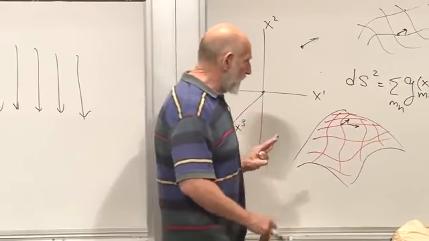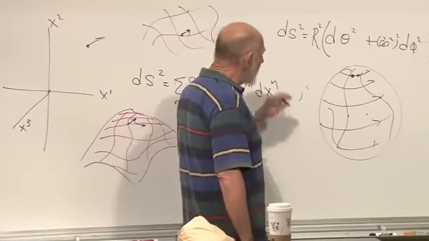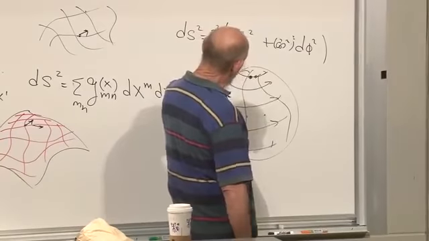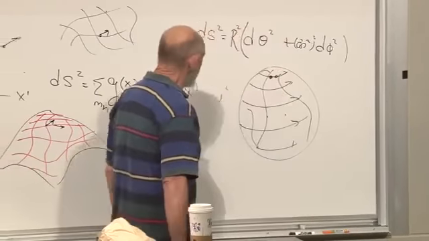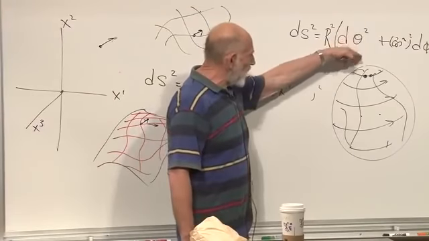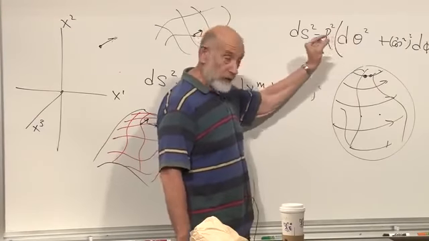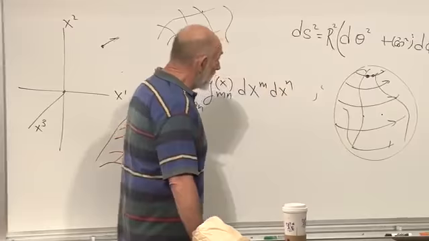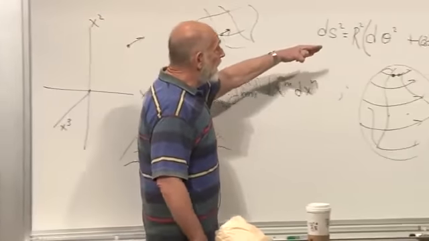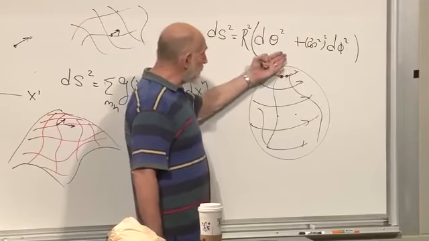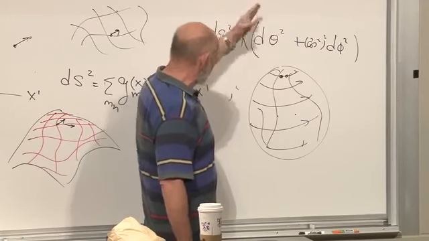But the important point is that the formula for the distance of a differential separation involves functions which sit in front of these quadratic expressions in terms of the differential distances. And as I said, this is just a very simple example. More general examples would have more complicated functions.